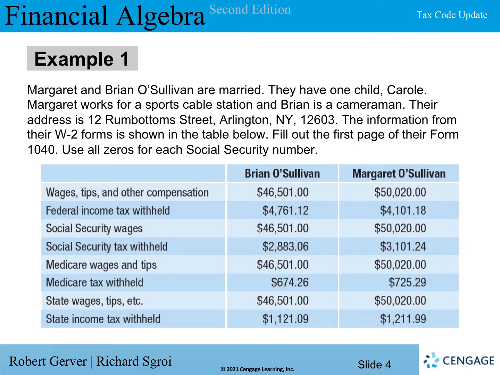All right, so here we have a W-2 form listing all the various wages, taxes that have been withheld, Social Security wages, Medicare, state taxes withheld, basically all the information that is on a W-2 form. Now, we're going to use this information to fill out an actual 1040 form.